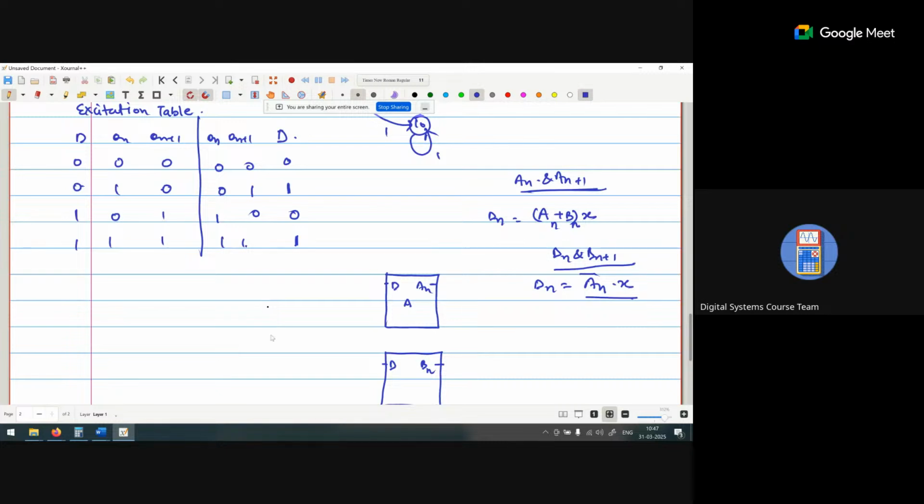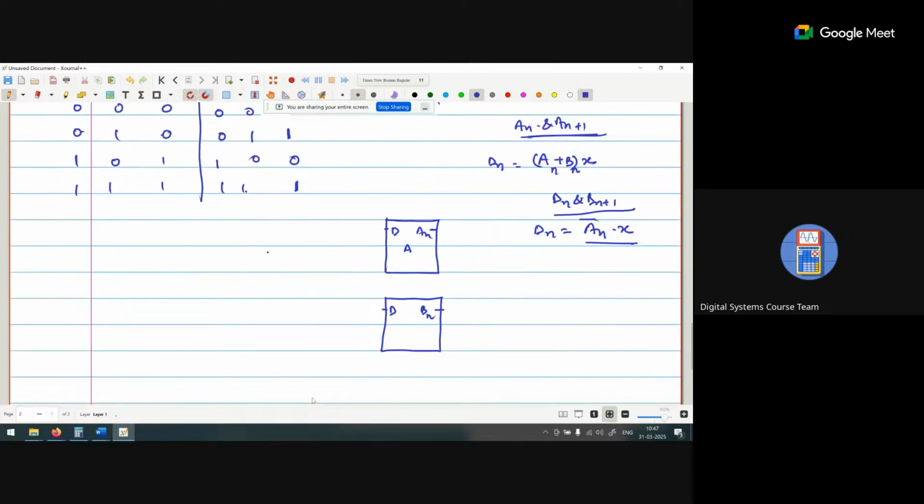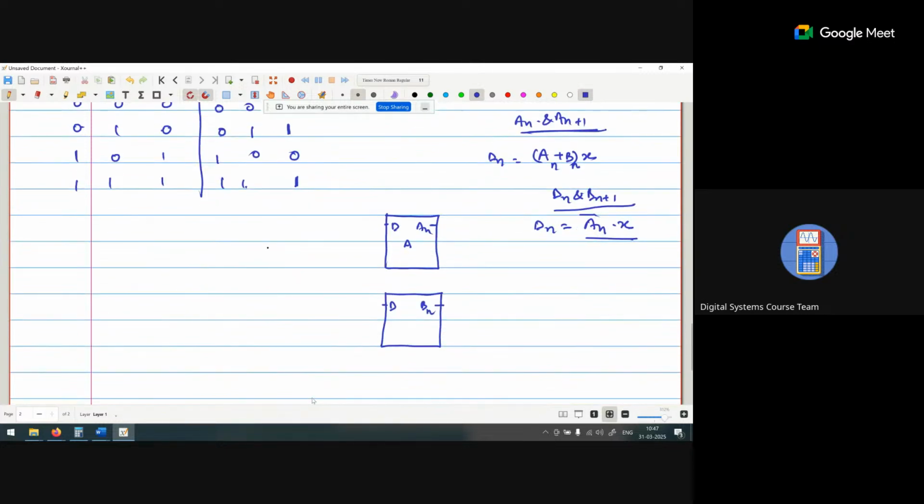Now can we have the An and Bn? Can we calculate for the Dn? This one. Okay. With the help of this one, we use this particularly as an input of Dn. And with the help of this one, we use this Dn for this one. Why? Because this Dn is considering the An and An plus 1.